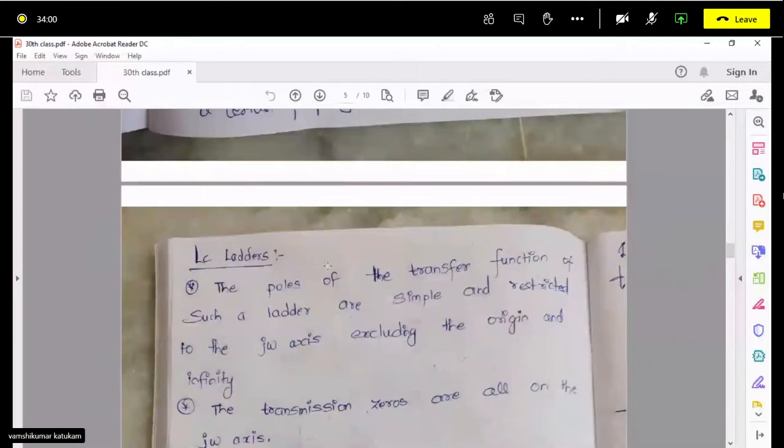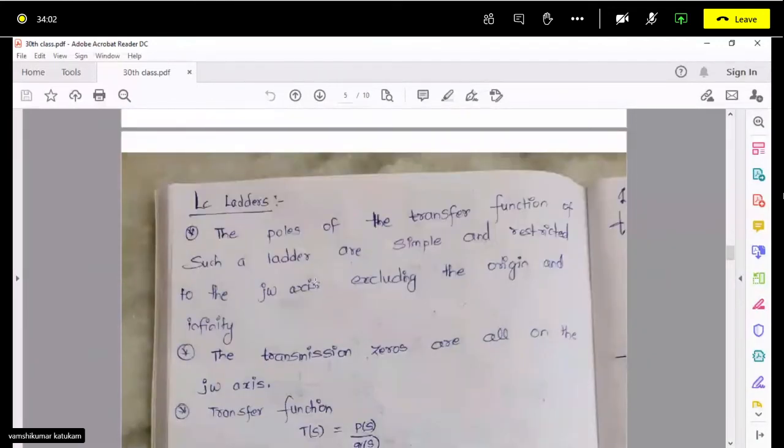Now let us see LC ladders. The LC ladder is mostly similar to the RC, but you should recall the difference. How will be the poles and zeros of an LC ladder?